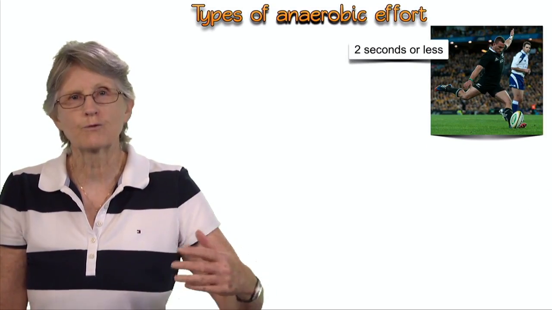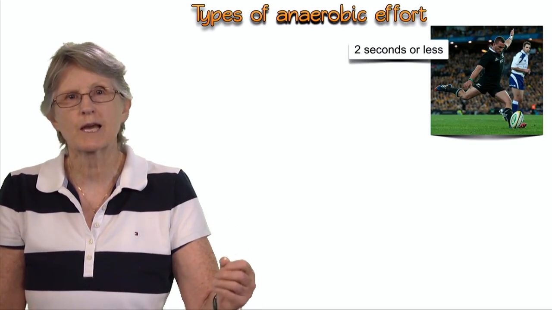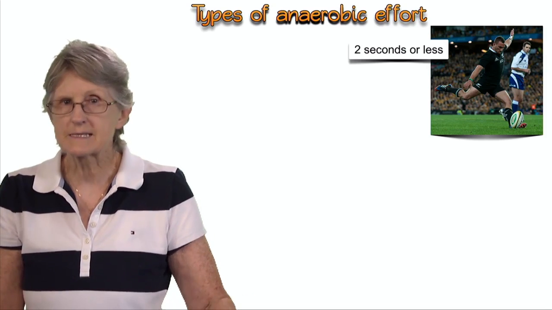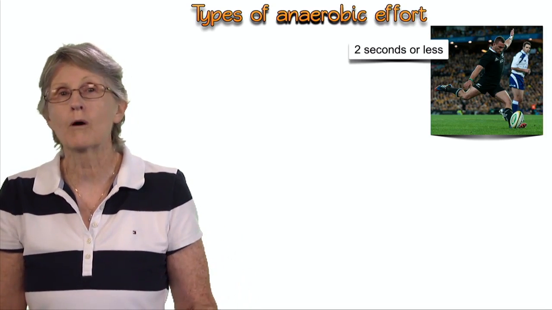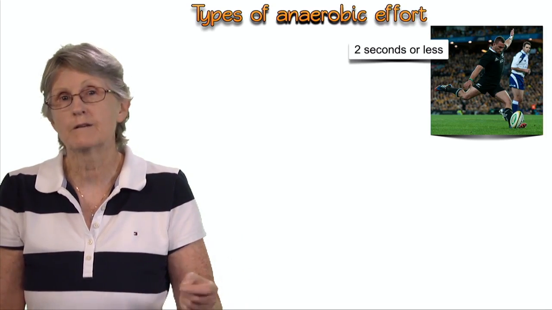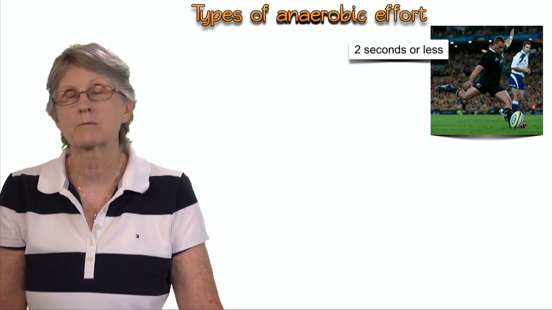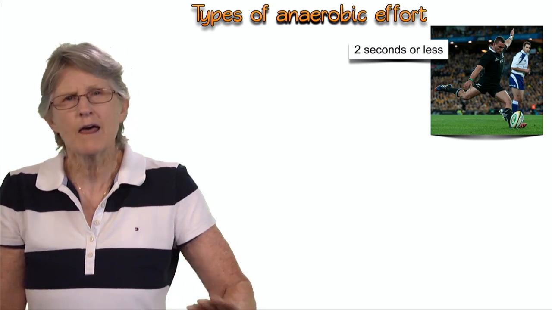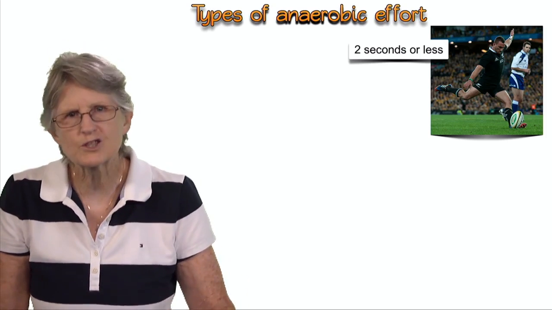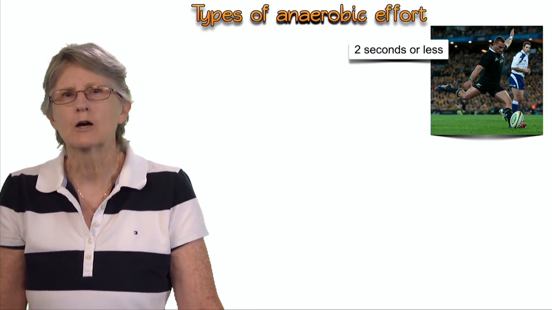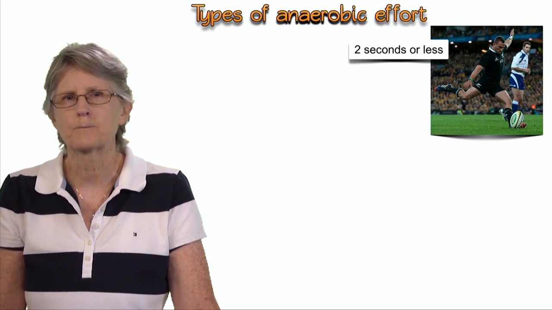It is used for very short 2-second bursts of activity. Examples include striking a golf ball, throwing a shot put, kicking a field goal, as I've demonstrated here, or clearing the starting blocks at the start of a sprint race. These are all examples of explosive bouts of peak consciously produced power.